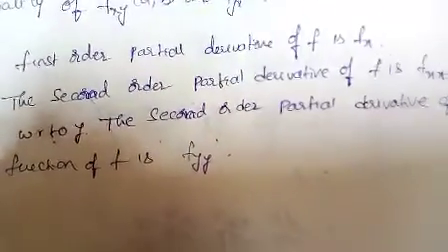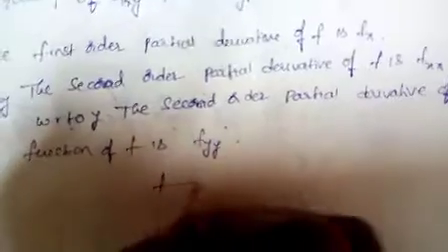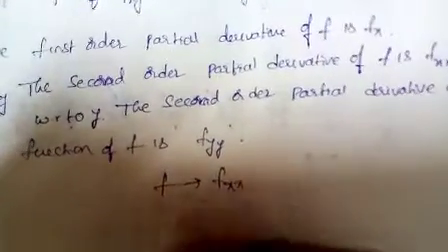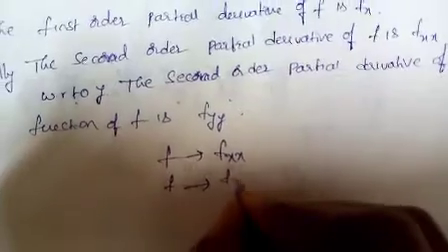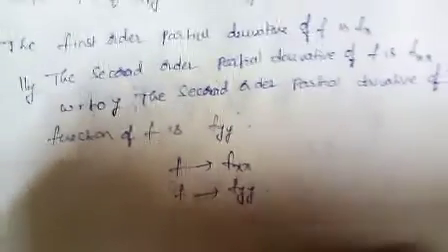So the second order partial derivative of the f is fxx. So similarly, the second order partial derivative of the function f is fyy.